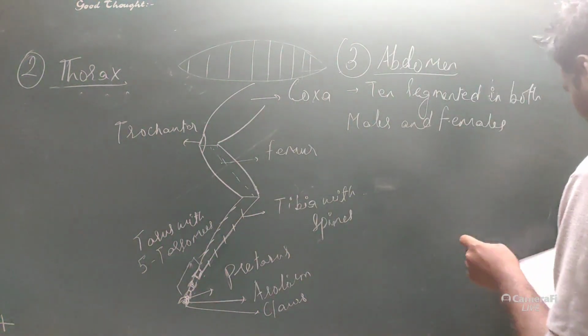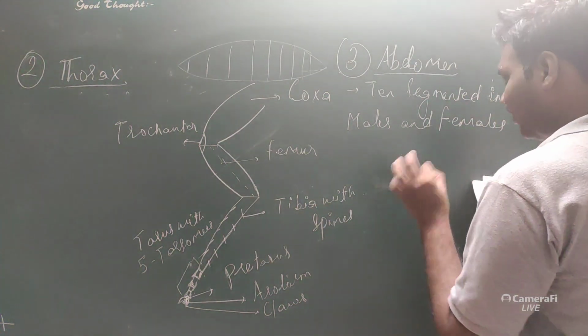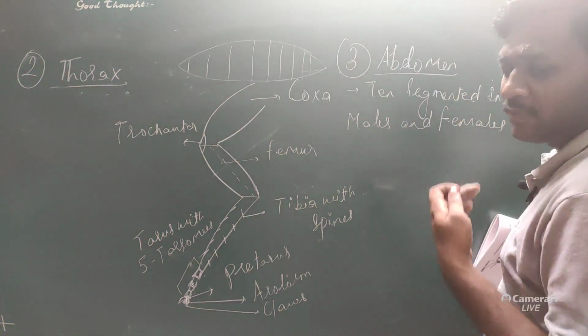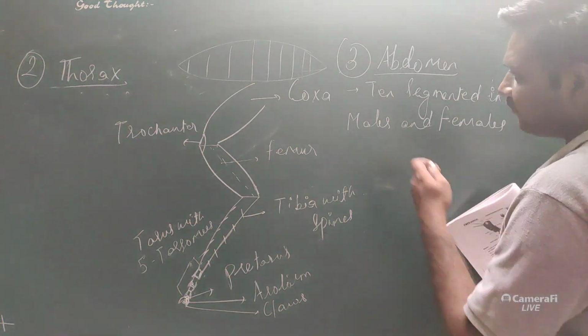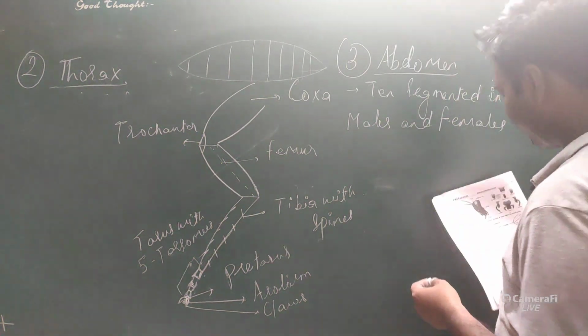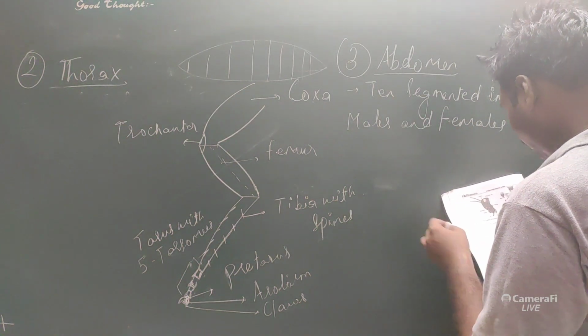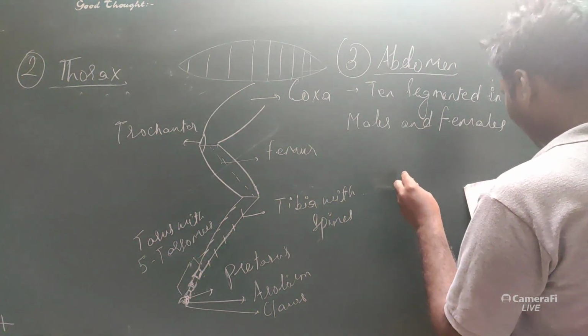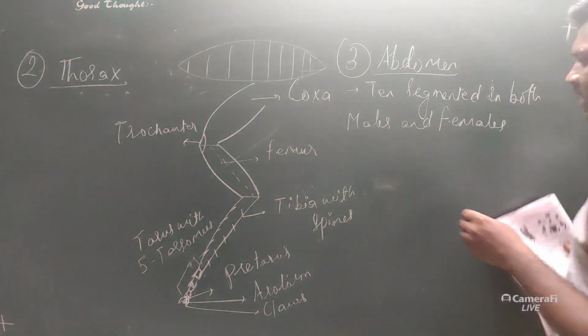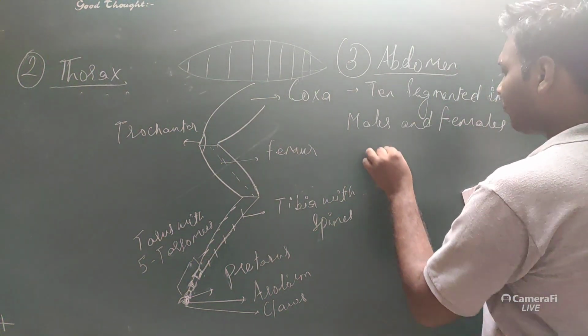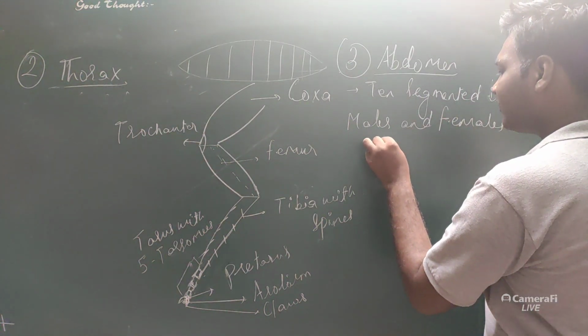These segments, from the dorsal part, are called the tergum, and from the ventral part they are called the sternum. So in the male, what are the important segments?